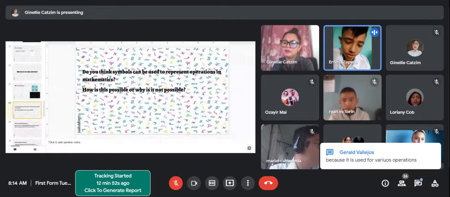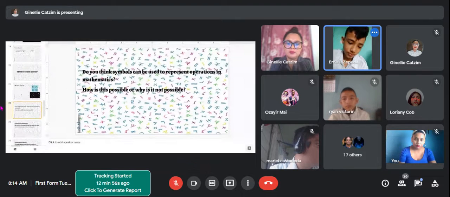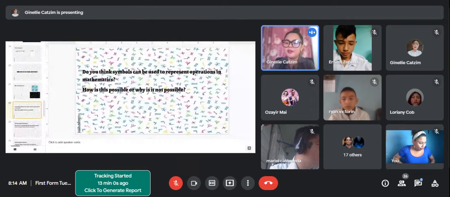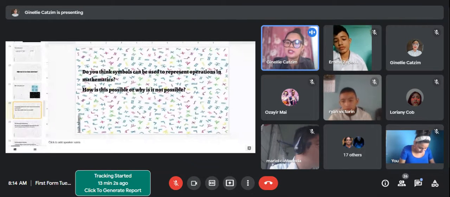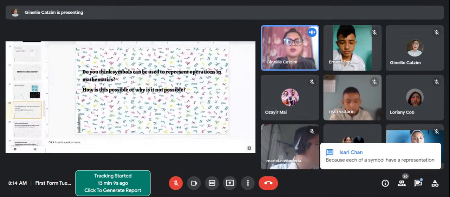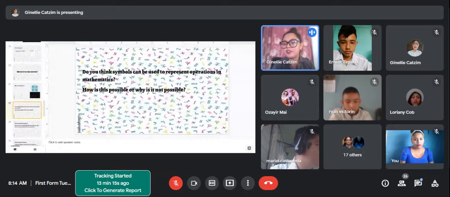I think like past 2 weeks, miss, we were using symbols to change numbers, miss. Okay, good observation there. And Gerald says because it's used for various operations. Okay, so let's take a look. In today's session, we will take a look how is this possible or how is it not possible. Very good, Isari. Isari says because each symbol has a representation, right?